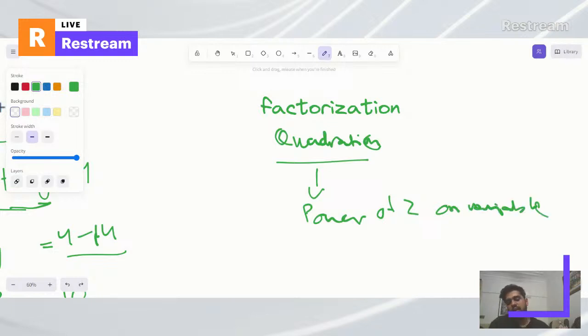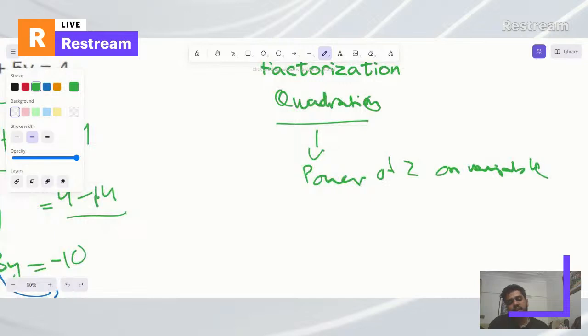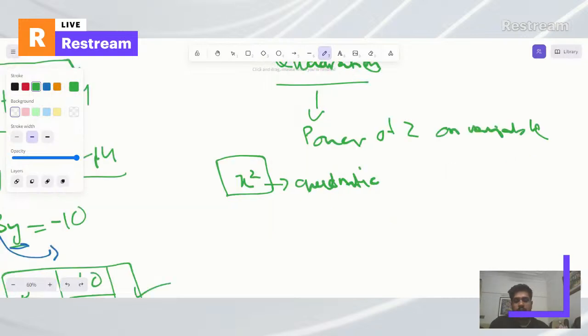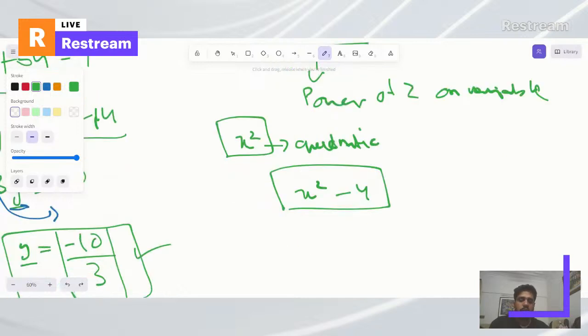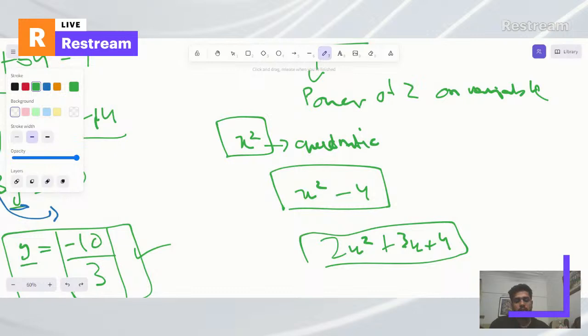If I say it's x square, what does that mean? It means it's now a quadratic expression, because x has a square on it. Do you understand this? Similarly, if I say it's x square minus 4, that means it's a quadratic expression. We can say 2x square plus 3x plus 4. So it's a quadratic expression.